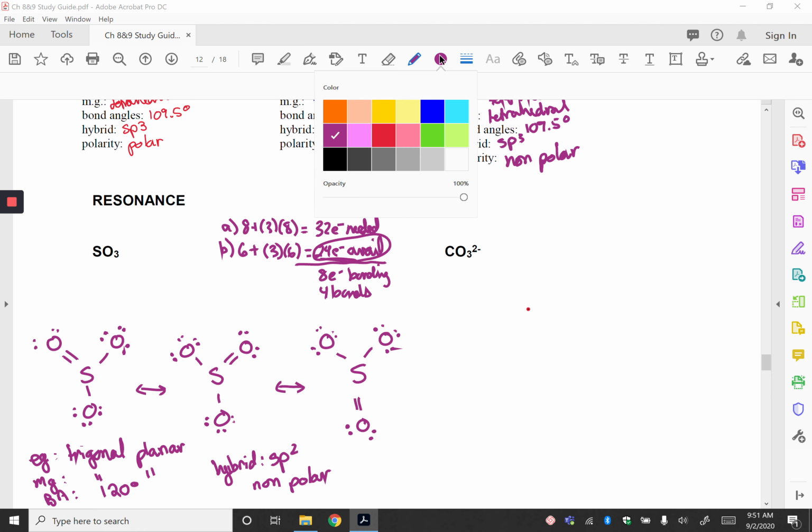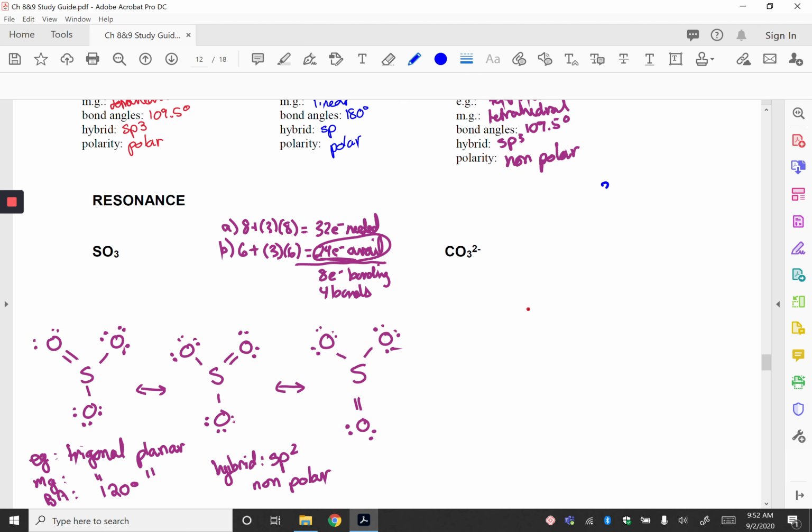Okay, let's try CO3 minus. You can do the math, or if you'd like, just move around your electrons. I'll do the math. Carbon needs 8, and each of the oxygens needs 8, for a total of 32 electrons needed.